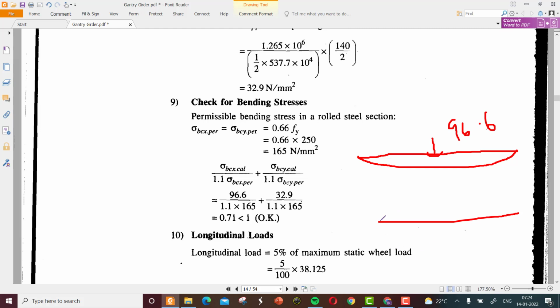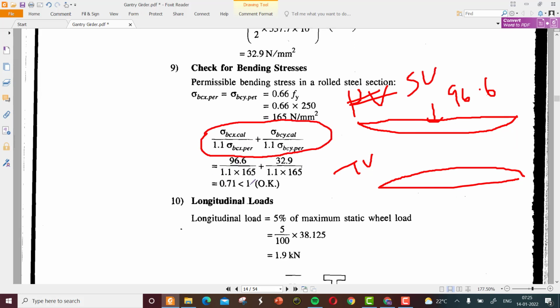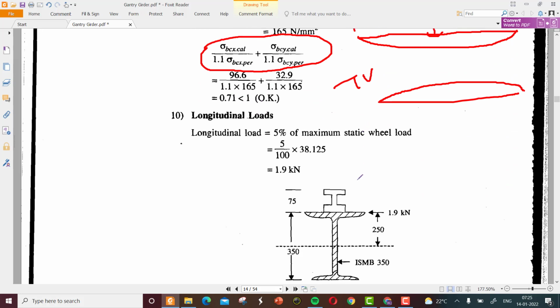Due to the load, it will also bend in this way, in the top view, the plan view. This combined effect is checked, and it is found less than 1, so it's okay.